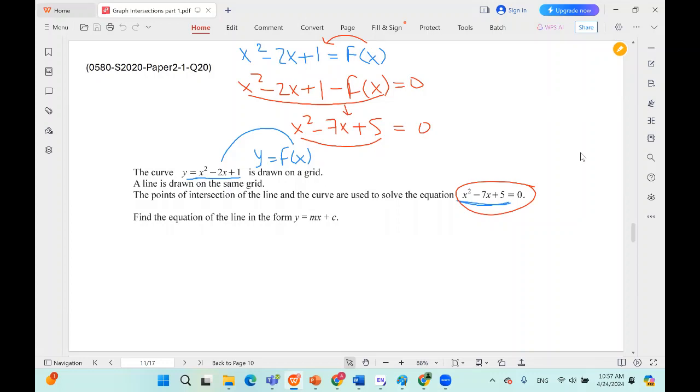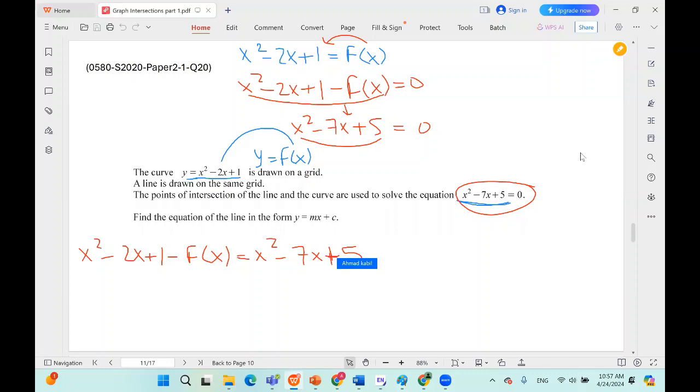So x squared minus 2x plus 1 minus f of x is equal to x squared minus 7x plus 5, because they're both equal to 0, so they're both equal to each other.